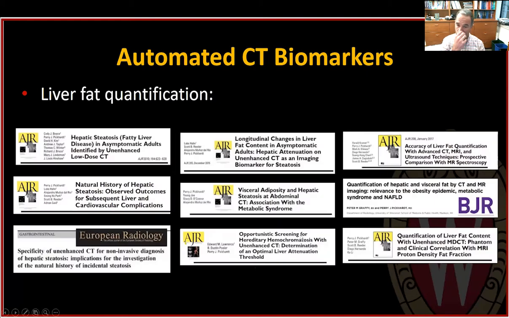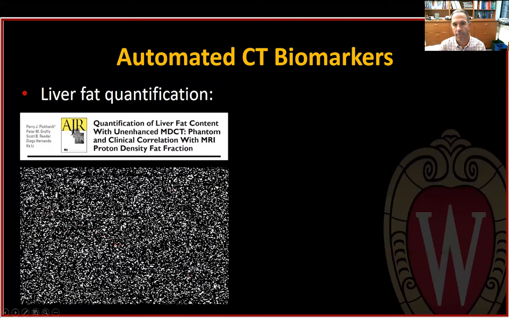We've published a lot of papers looking at the natural history of steatosis. We know this is something of interest, particularly for metabolic syndrome and cardiovascular risk. Also for liver-specific risk with NAFLD going on to NASH and cirrhosis, but that's not something I'll be covering here.